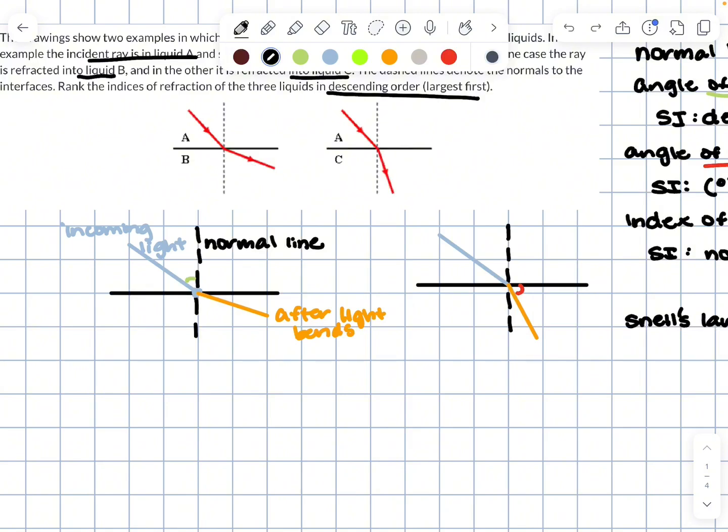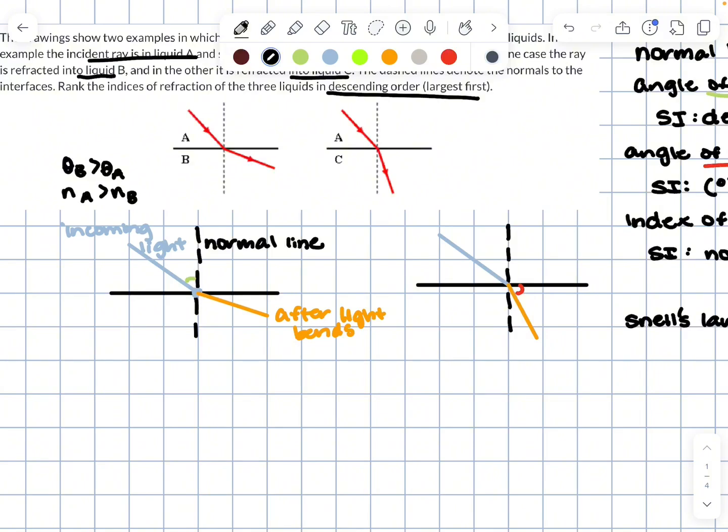Because it's bending out, we know that theta B is going to be greater than theta A. One more thing about Snell's law that I went over earlier is that the larger angle means there's a smaller index. So we have nA is going to be greater than nB.